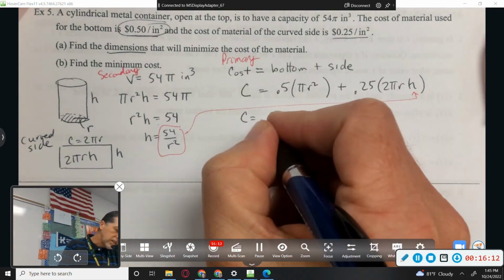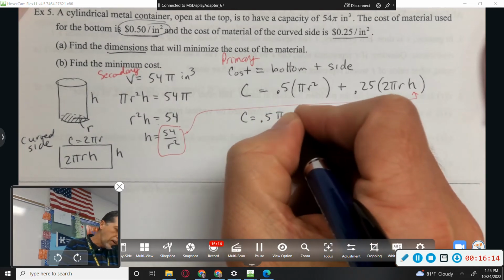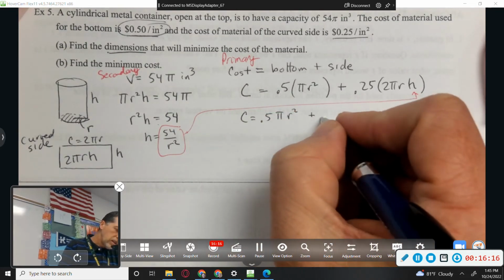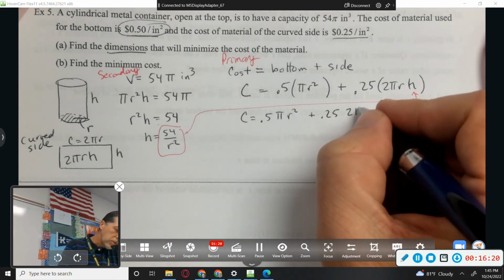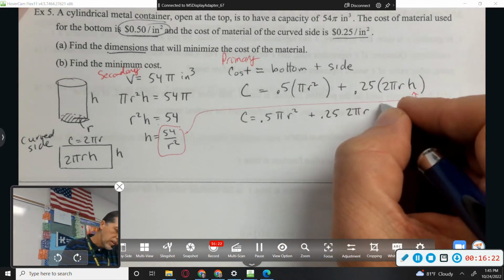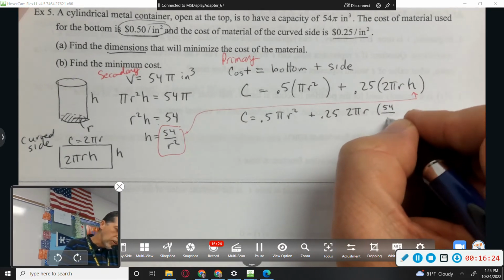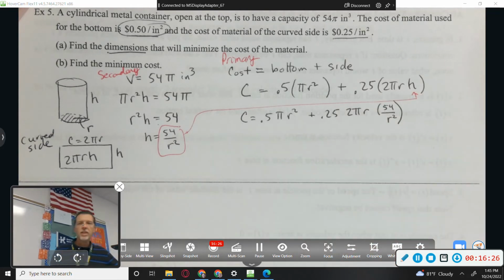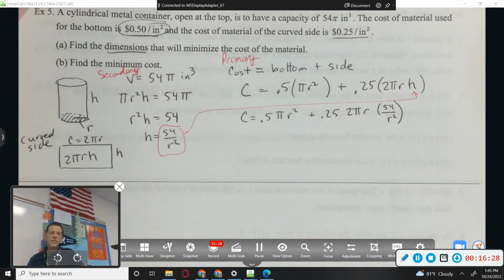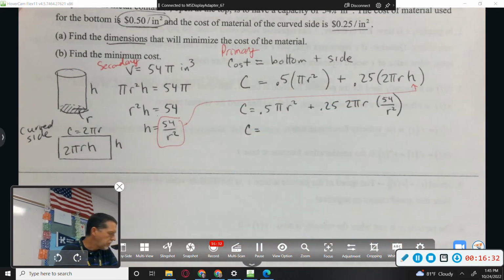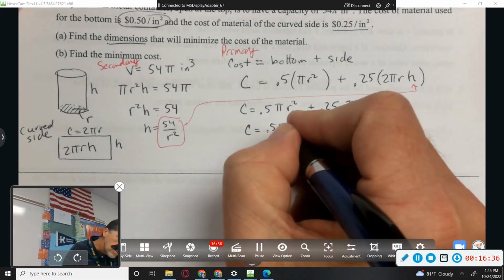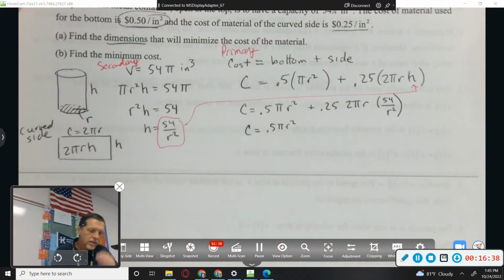So my cost is 0.5 pi r squared plus 0.25 times 2 pi r times 54 over r squared. Algebra cleanup.